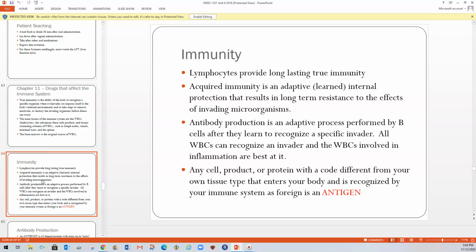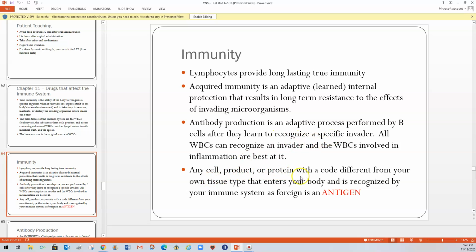Antibody production is the adaptive process performed by B cells after they learn to recognize a specific invader. All white blood cells can recognize an invader, and white blood cells involved in inflammation are best at it. So the B cells learn to recognize specific invaders.